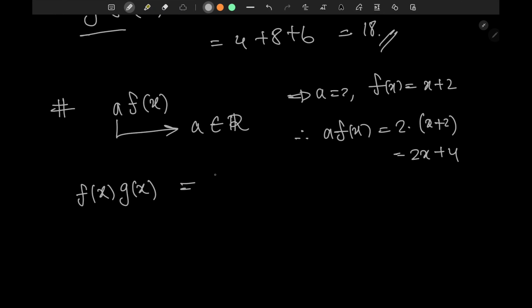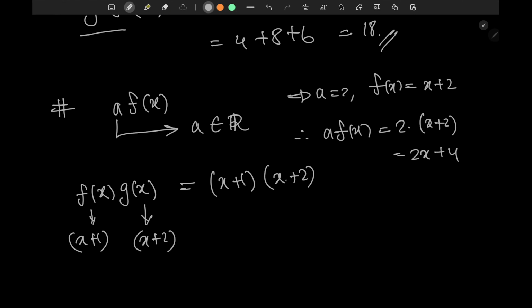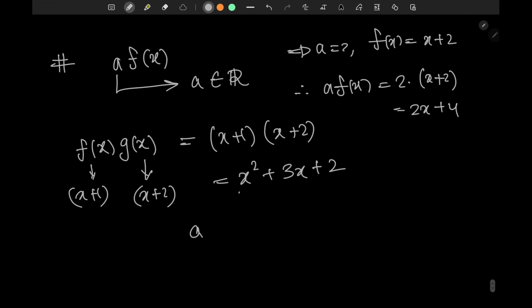Let's say again f of x is x plus 1, and g of x is x plus 2. Then you can just write x plus 1 times x plus 2, and you can multiply it out. You can add them, a of f of x plus b of g of x.